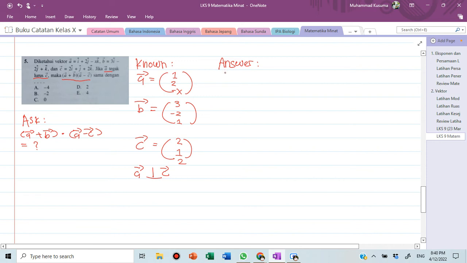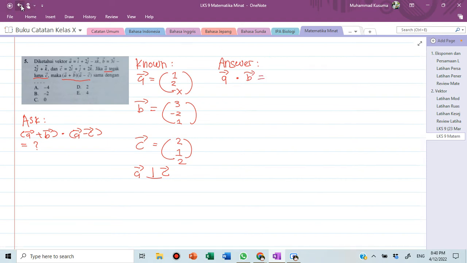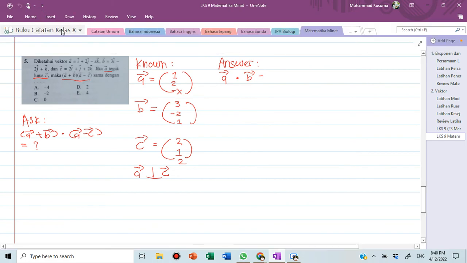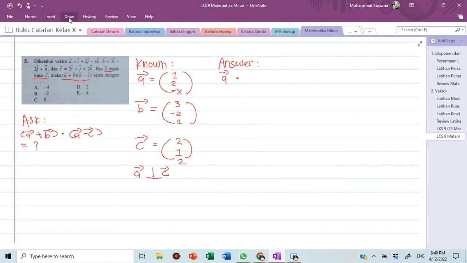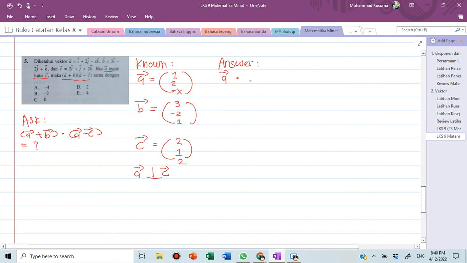So if I write it, that means vector a dot vector b is equal to 0. I'm sorry, not b, it is c, right? Vector a dot vector c is equal to 0.